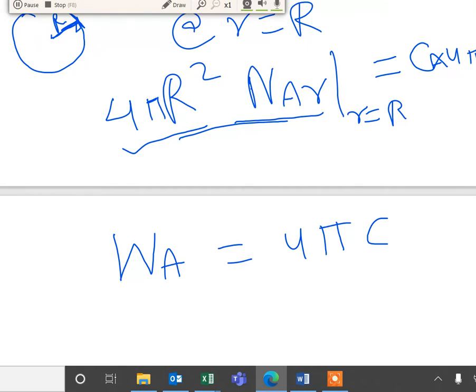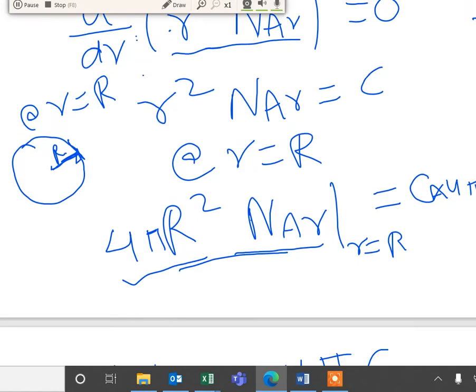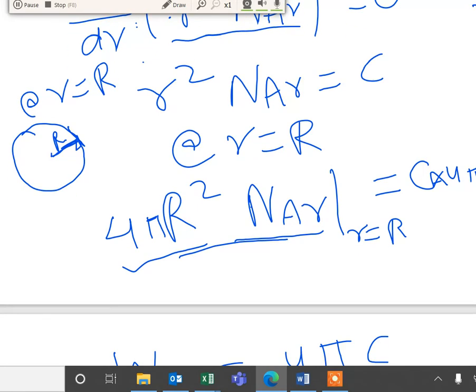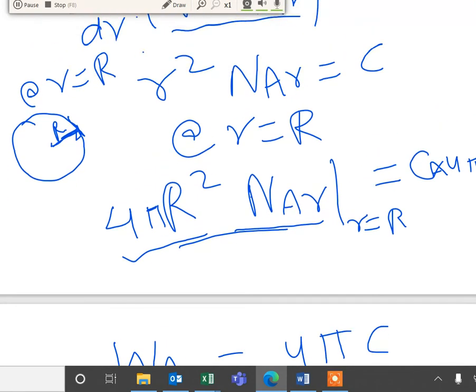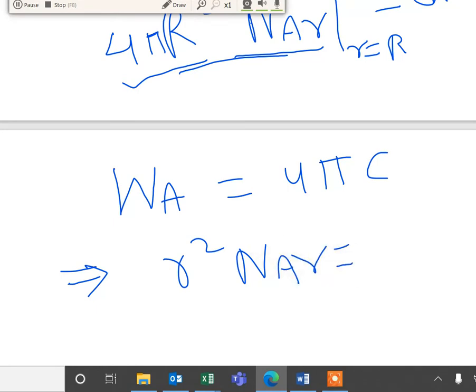So C is basically 4 pi times C. So your r square NAr was constant C. So this we can write as WA divided by 4 pi.